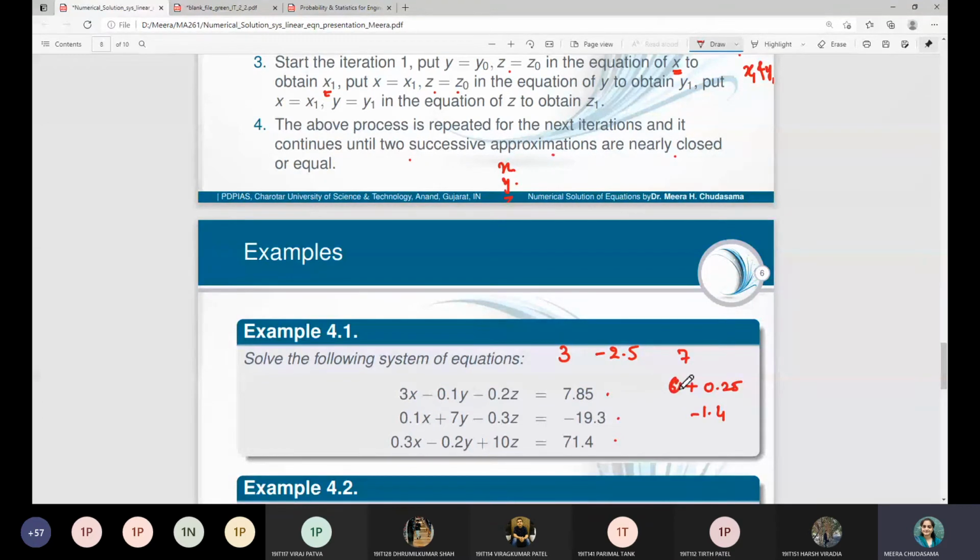Oh, sorry, this is 9, huh? This has to be 9. 3 into 3 is 9. Satisfied हो रहा है equations? Yes, ma'am. Okay.